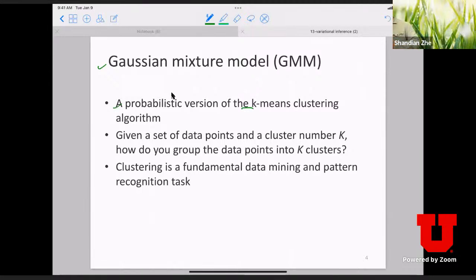However, if you really want to know which cluster each data point belongs to, you still need to estimate that model. You still need to calculate the posterior distribution of cluster assignments. So the inference, or training, of a Gaussian mixture model can be viewed as running a probabilistic version of the k-means algorithm.